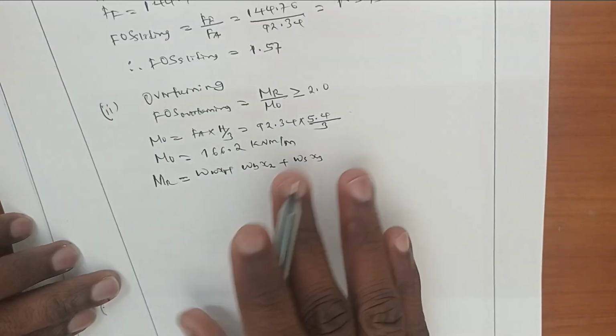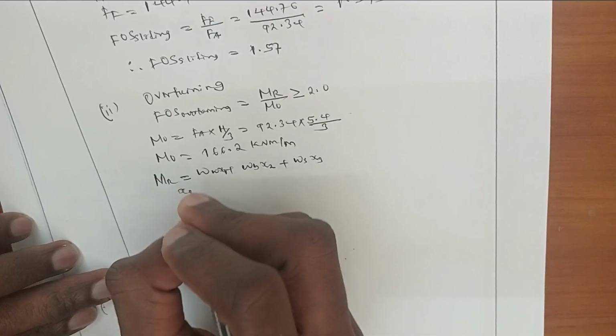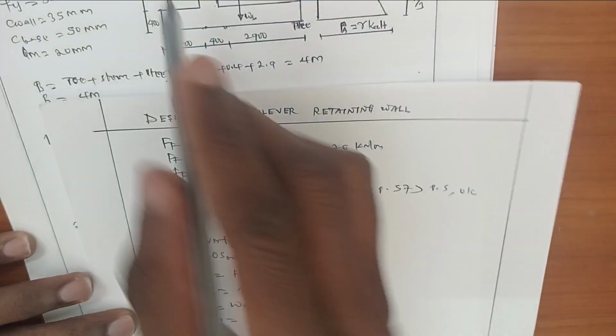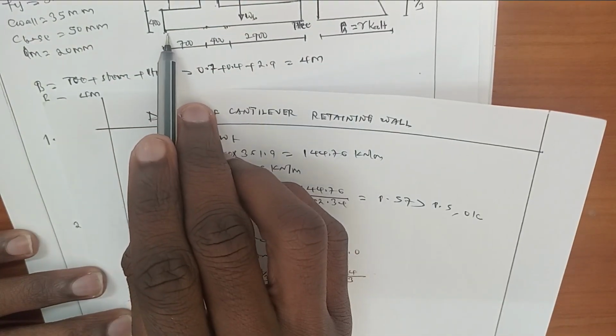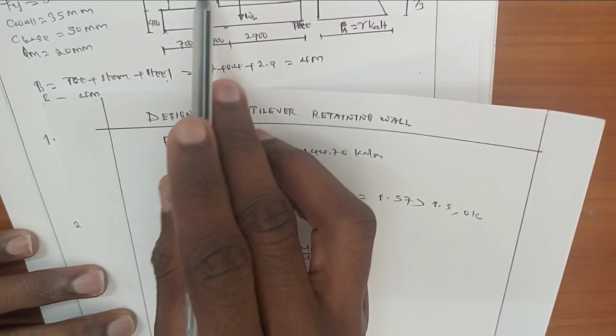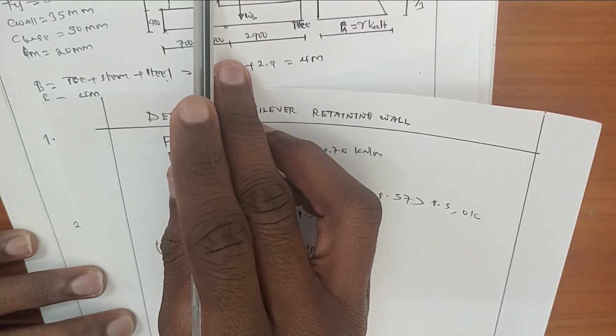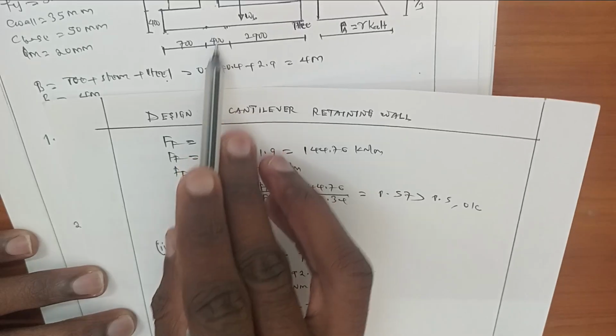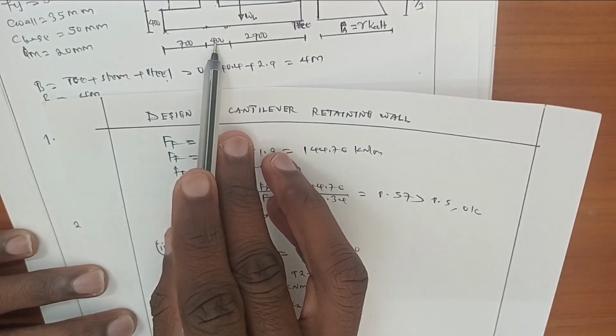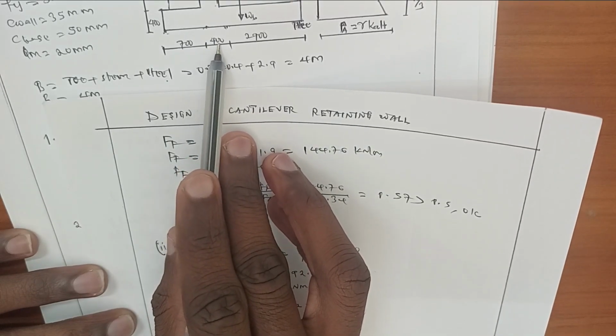So how can we determine the value of x1? The value of x1 is obtained by taking the width of the toe plus, because this load acts at the center of the stem, the thickness of the stem divided by 2.